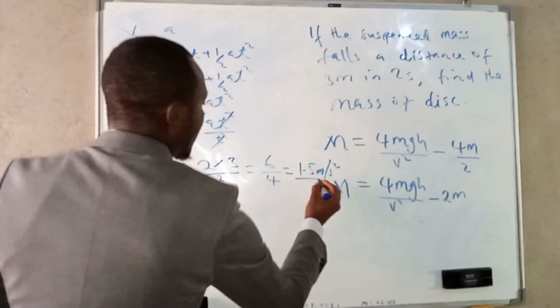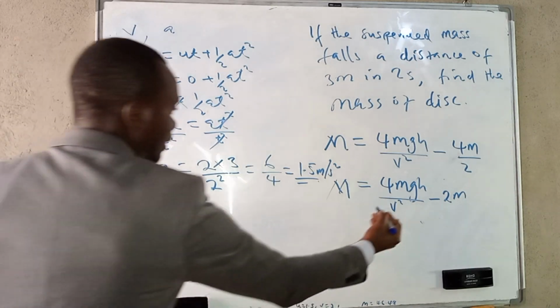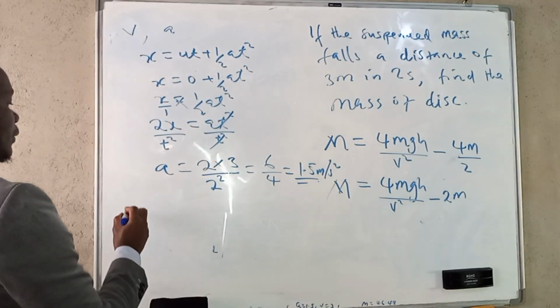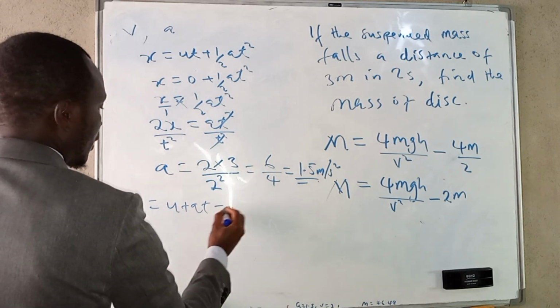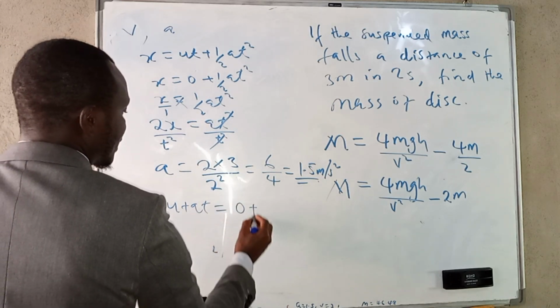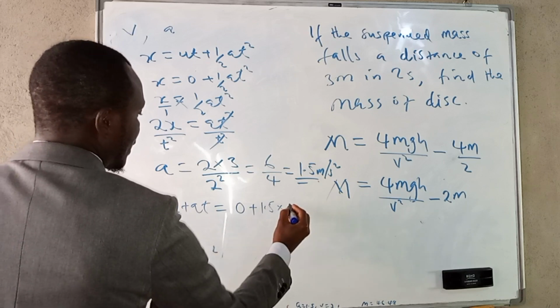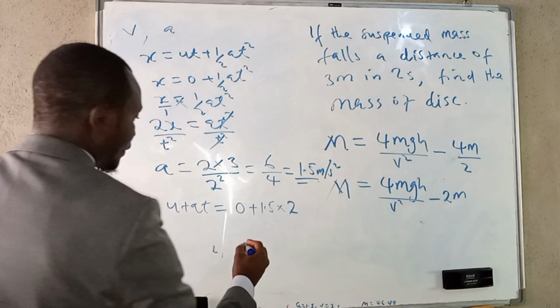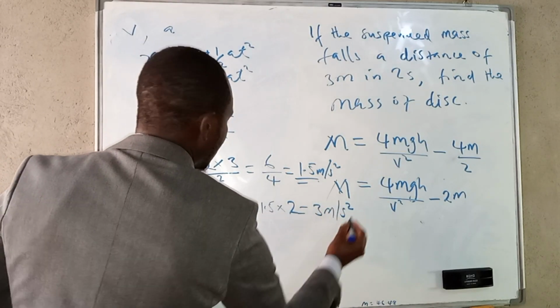This is our acceleration. But we need to find velocity. We know that v is equal to u plus at, where u is 0, plus 1.5 times t, which is 2. So we have 3 meters per second.